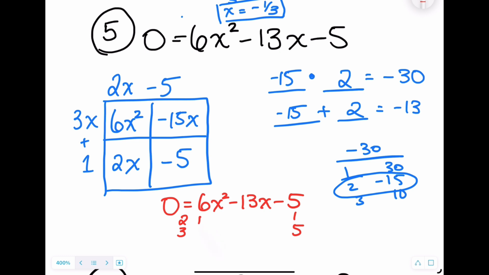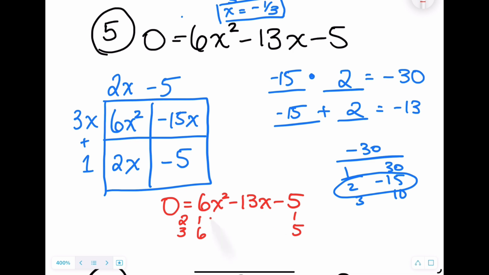So if we take a look at our factors, 1 and 6 and 2 and 3, those are the factors of the first coefficient, and the last value, the C term, has factors of 1 and 5. One of them will have to end up being negative, but we'll see what that is.